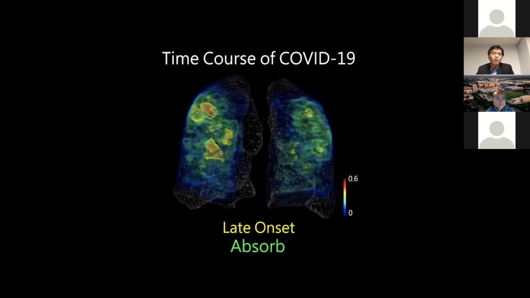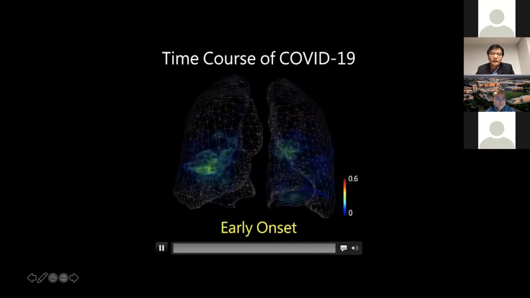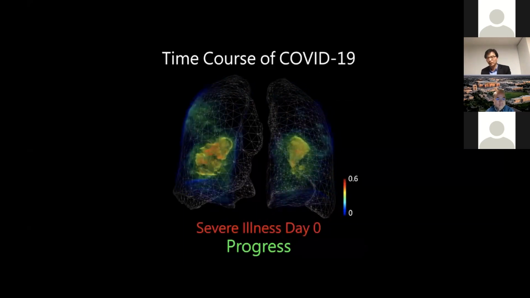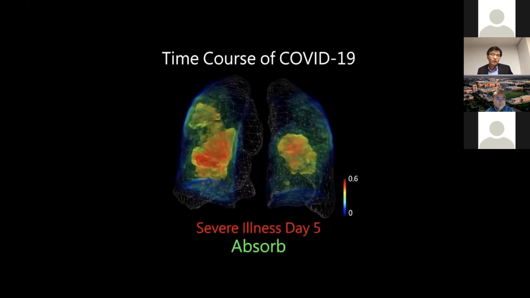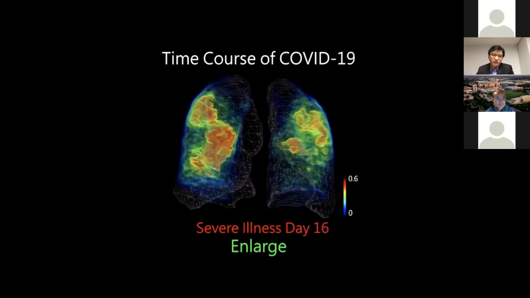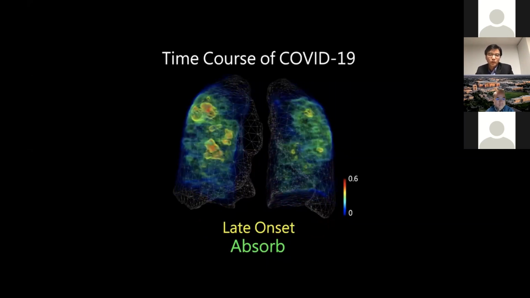So this is a movie, as I mentioned, built from hundreds of longitudinal CT images from the population, and I can play this movie again, then you can see how dynamic this COVID-19 infection development is. And it's difficult to think about the initial stage for physicians working in Wuhan.